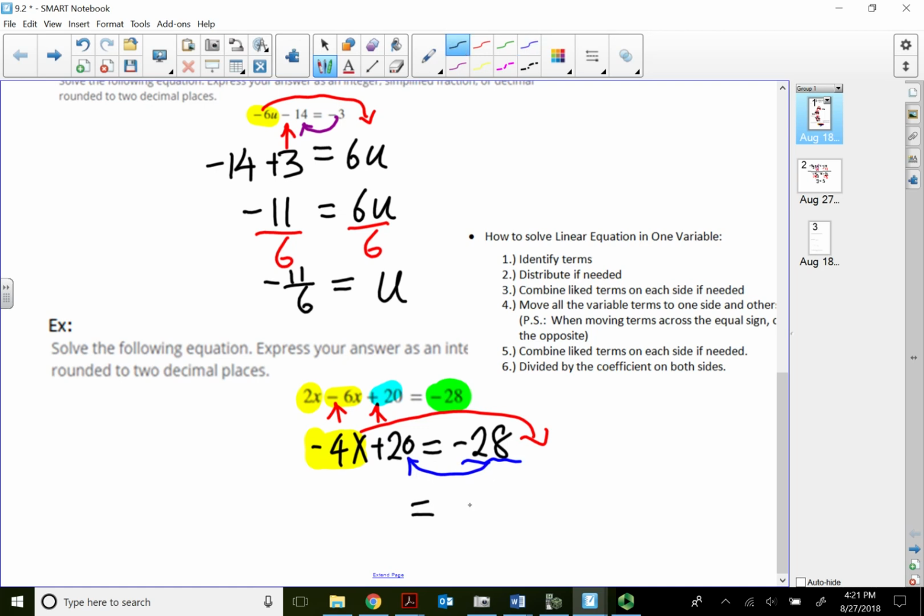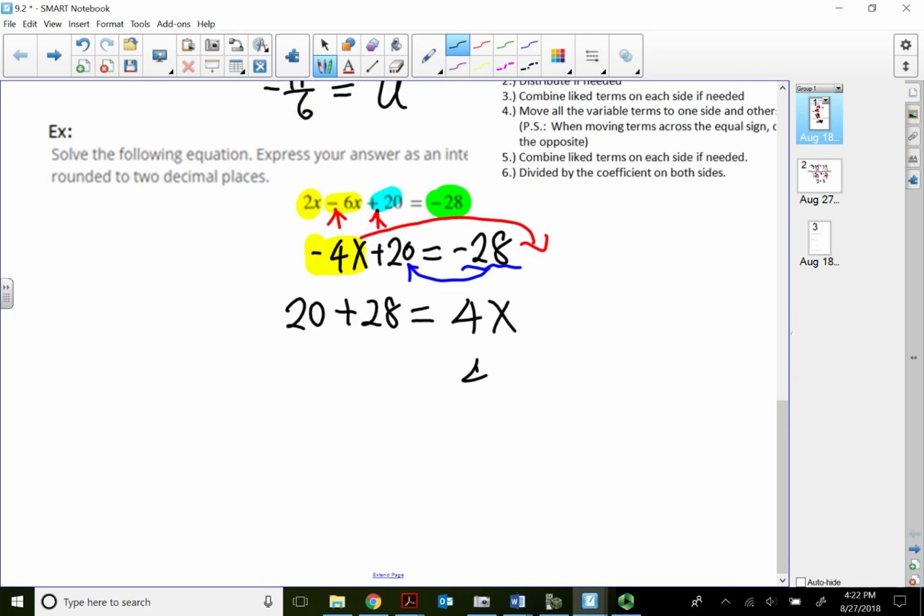So negative 4x comes over, becomes positive 4x. And if you do this enough, you begin to realize once you move over, it becomes plus. So that will be 20 plus 28, because I still got 20 there. Negative 28 comes over, becomes positive. So now this becomes 4x.